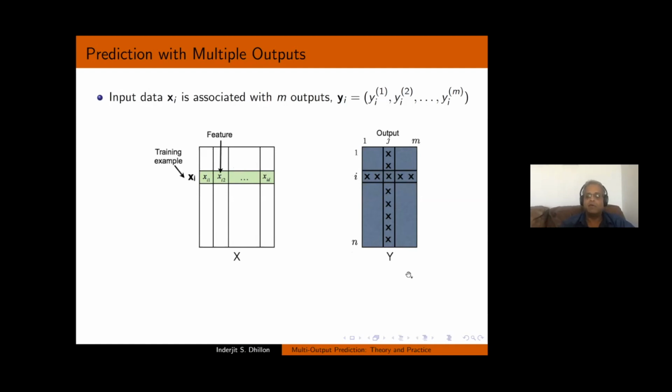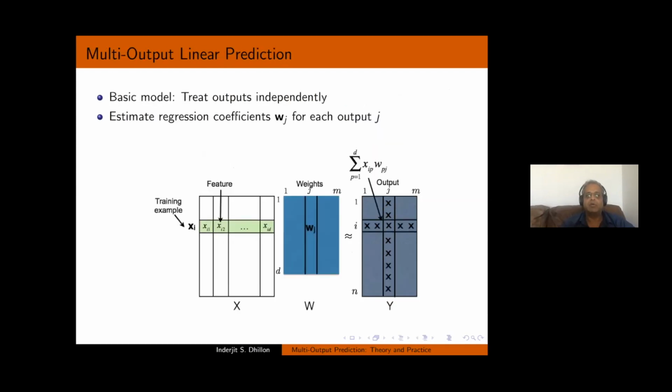If I start from very simple methods, I can think of trying to do, let's say, linear regression for these outputs. Now instead of just one output variable with one coefficient vector, there is a coefficient matrix which has the same number of columns as the number of outputs.